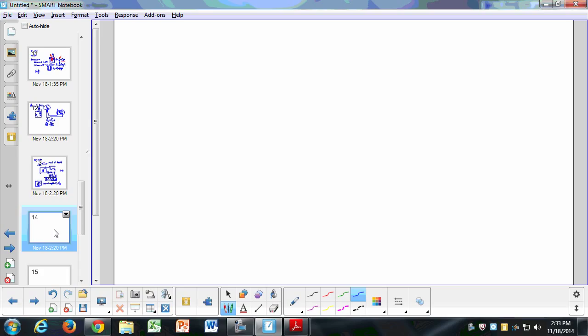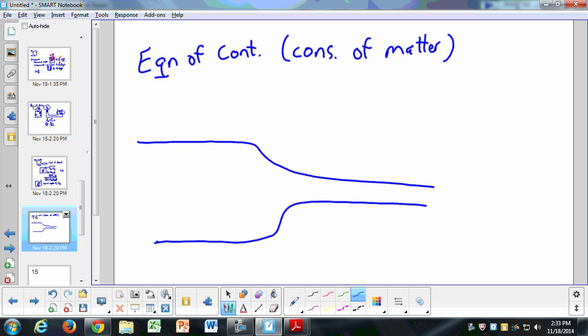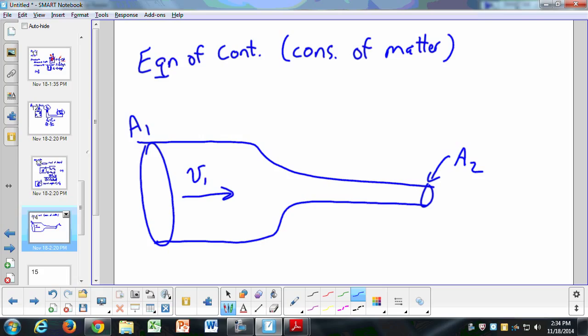And then the last things are fluid flow. You have two things, the equation of continuity. This is just based on the conservation of matter. If I have a pipe that looks like this, I have a certain area down here, this is A1. I have an area down here, this is A2. A2 is obviously smaller than A1. I have a certain flow of fluid, V1, the speed of the fluid going here.